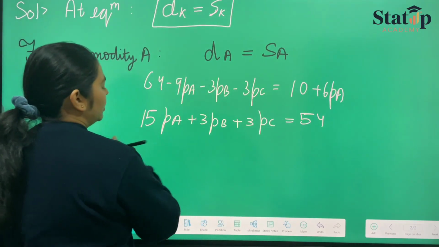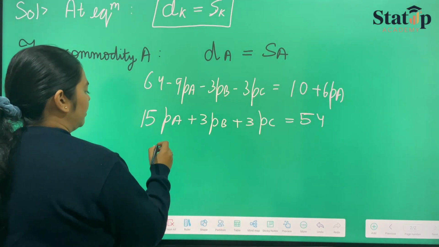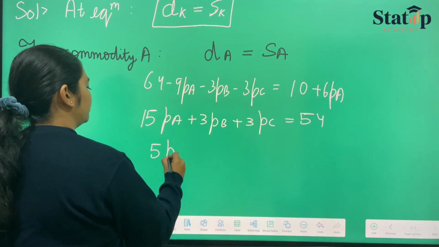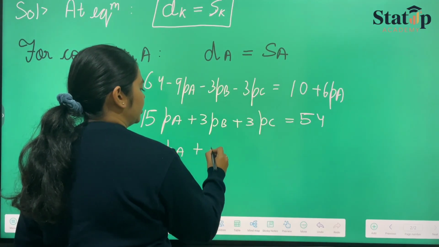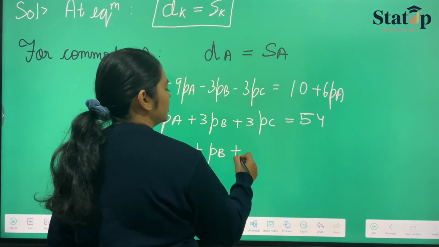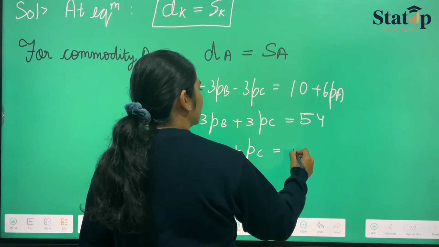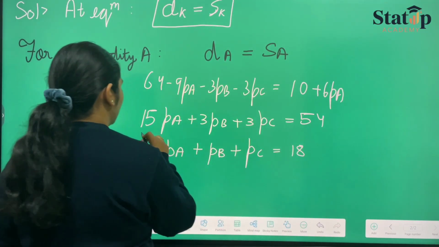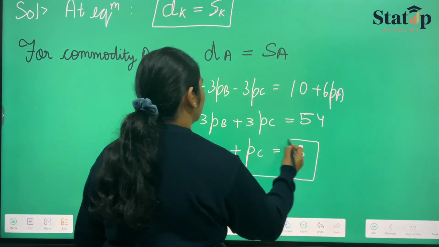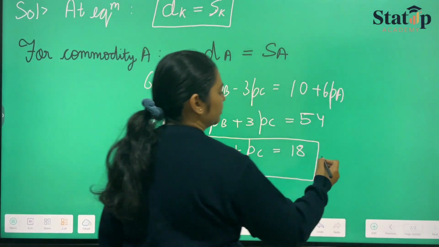If I divide the whole equation by 3, then we will be getting 5 PA plus PB plus PC equals to 3 ones are 3, 3 eights are 24. This is my equation number 1.